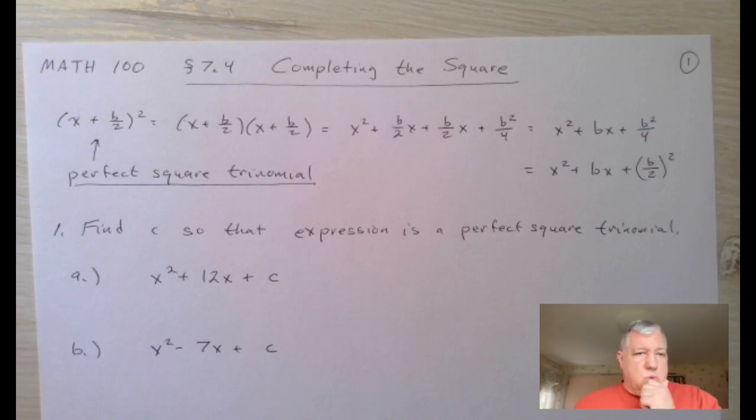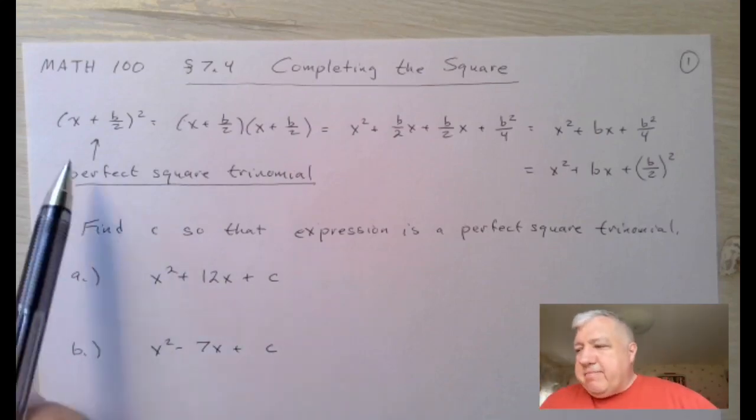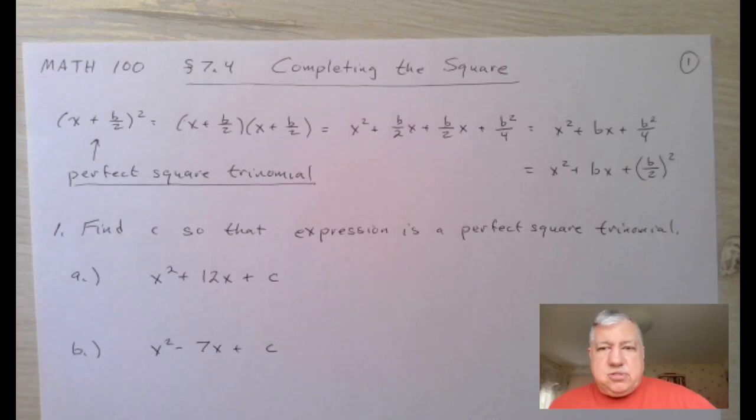We know that it's real nice if your equation just consists of something squared equals a number, and you can just take the square root of both sides. It would be nice if it was just an equation like x squared equals 5, but probably the next best thing would be x plus a number, that whole thing squared, equals 5, because we know how to do that.